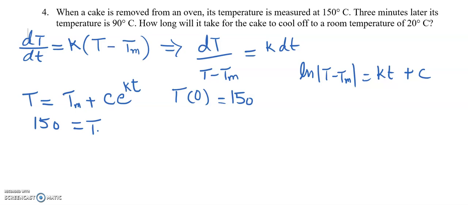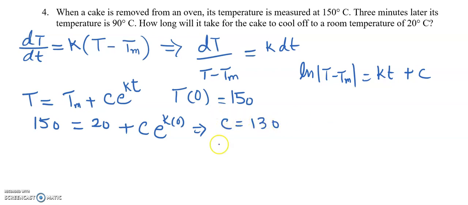So 150 is equal to 20 plus C, and we also don't know k, but k into 0 makes the exponential term 1, since e to the power 0 is 1. Therefore C will be equal to 150 minus 20, that is 130.